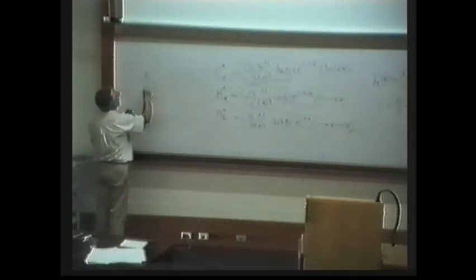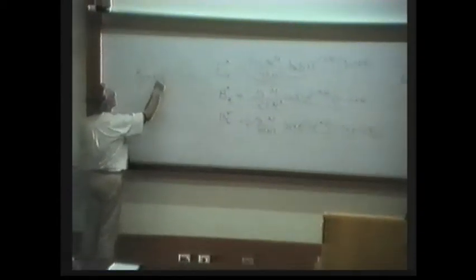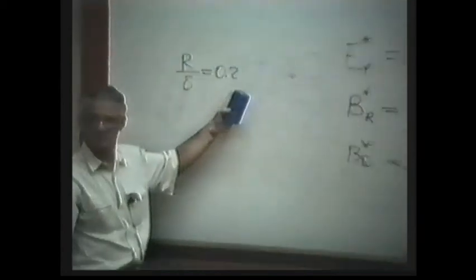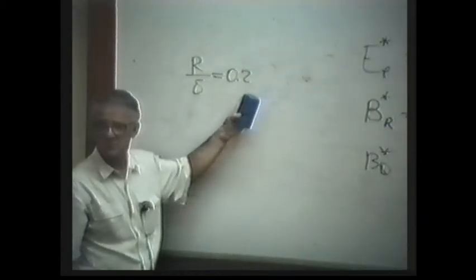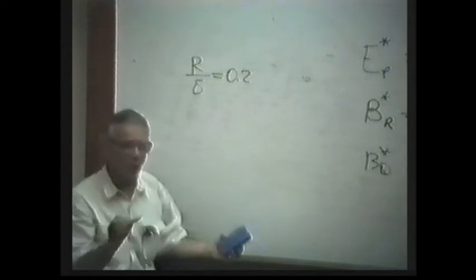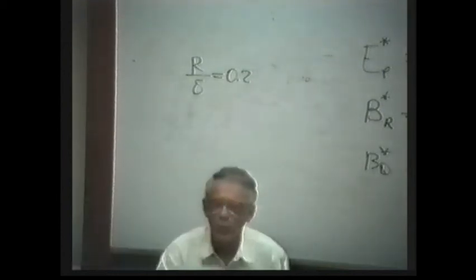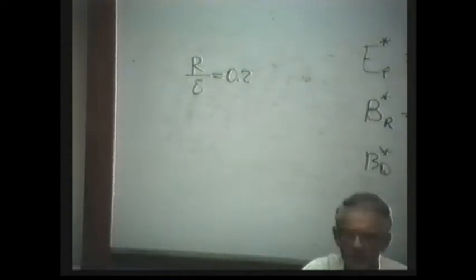Let me do the following. Let me take R over delta equal 0.2. Understandable? So I consider points where the skin depth is 5 times greater than the distance.